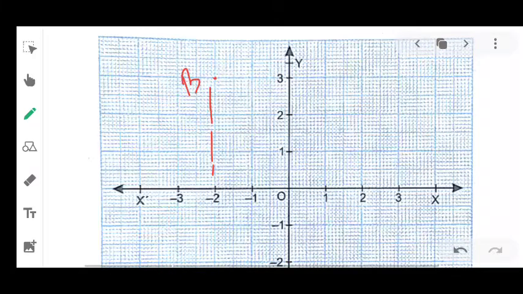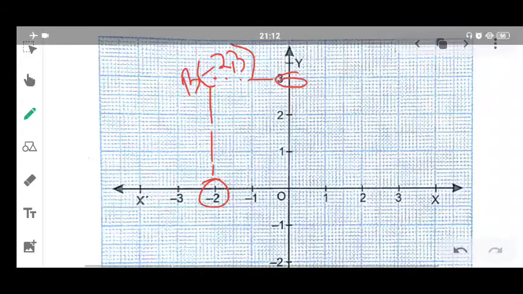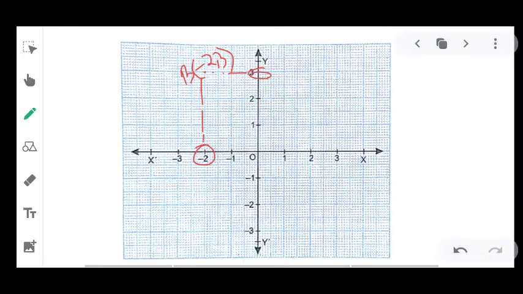This line intersects the x-axis at -2. So the x coordinate of this point is -2, comma, then find out the y coordinate. The y coordinate will be -3. So the coordinate of this point is -2 comma -3. Clear?